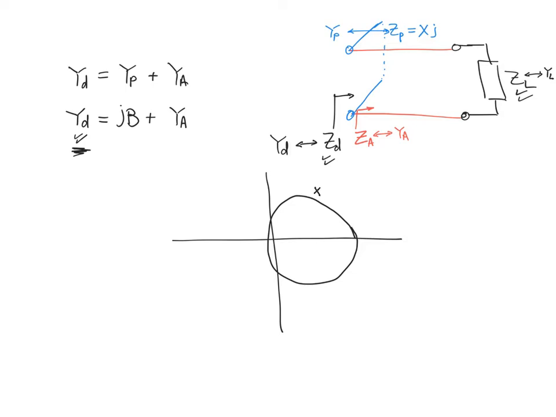Okay, so this is my YL now. So we are dealing with the normalized values, okay? So this is my YL, the normalized admittance. Now, my YA will belong to the same circle that YL belongs to, right? Because both of them come from the same transmission line.